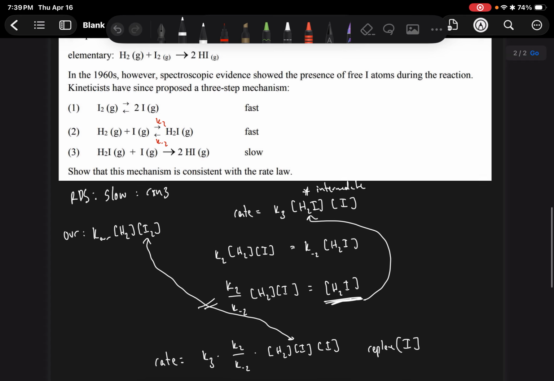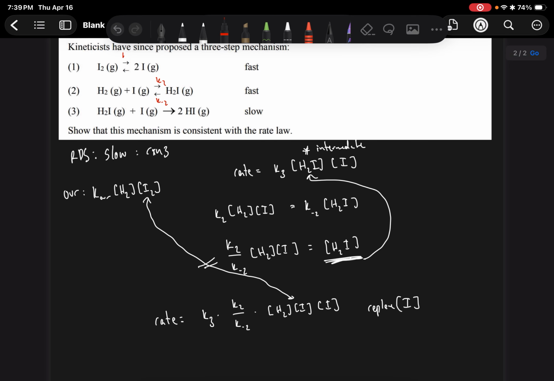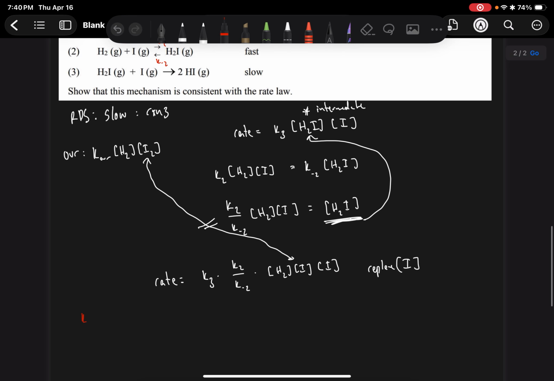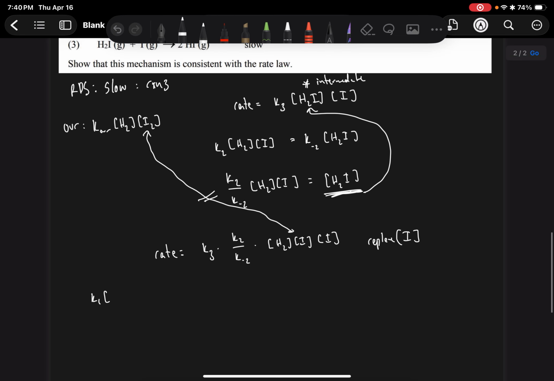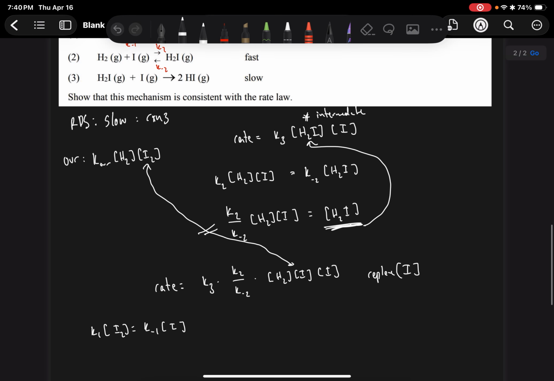How do we replace I? Well, I hope you guessed it right. We're going to be using the equation 1. So we'll just label this K1, K minus 1. So K1, I2 is equal to K minus 1 I squared.